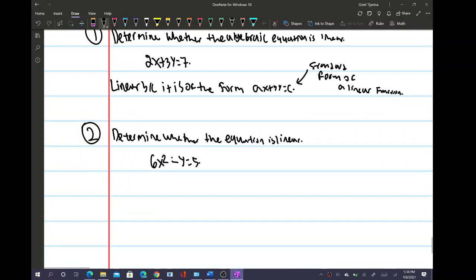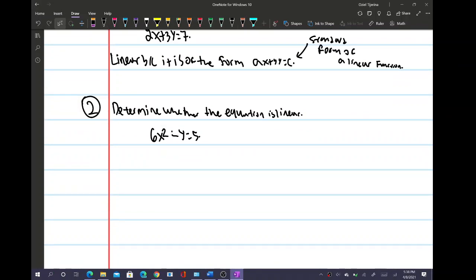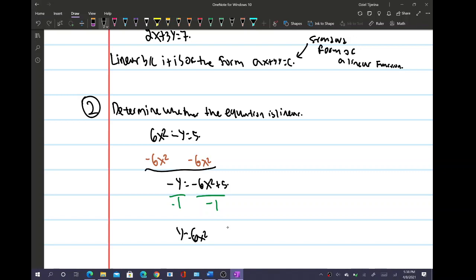Now we can solve for y, so we subtract 6x squared on both sides, negative y equals negative 6x squared plus 5. You then divide both sides by negative 1, right?